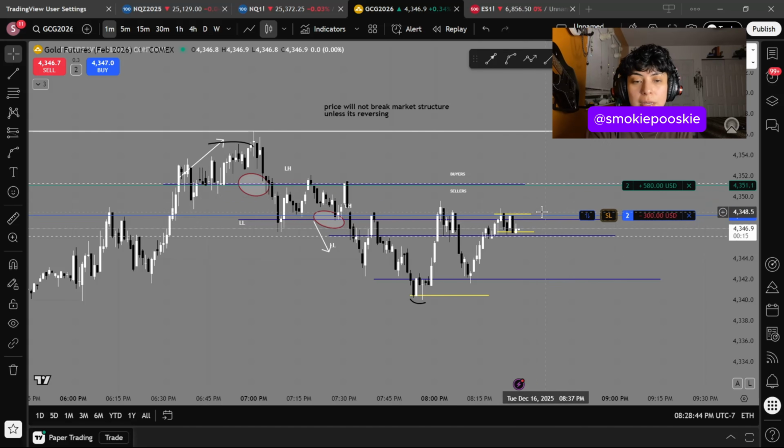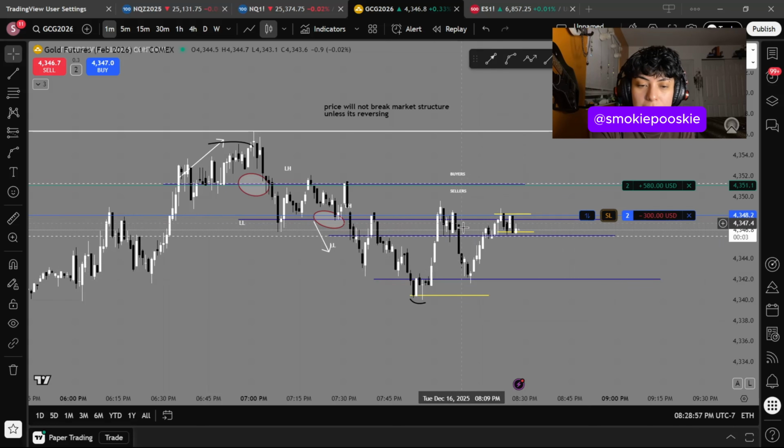Because we're thinking, or we analyze, that price is going to go long. So right here, price was bearish all the way down to this level. Again, this 5-minute level. This blue line, remember, is a 5-minute level, right?